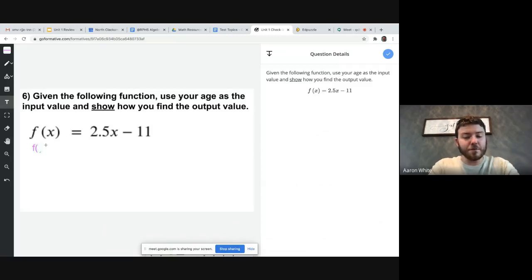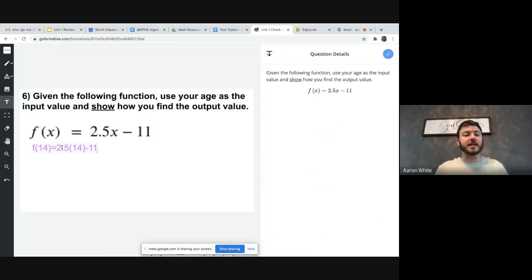So I'll say F of 14 equals 2.5 times 14 minus 11.